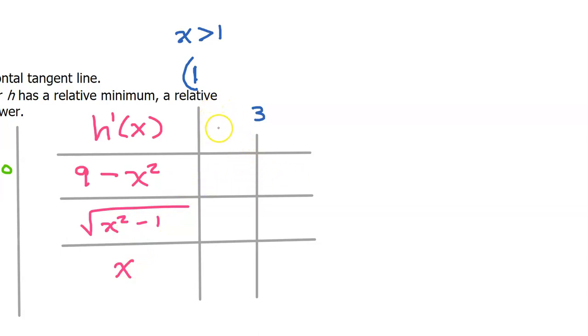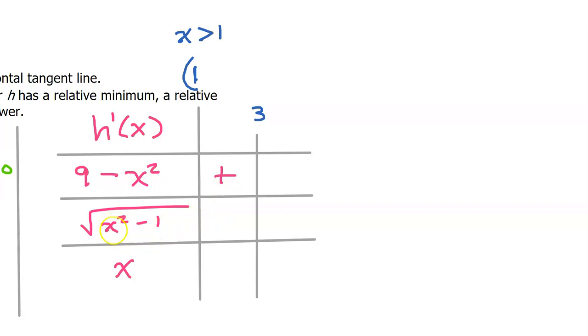So in the first interval, we need a test value that is between 1 and 3. So I guess how about 2? Let's picture a test value of 2. So this first factor would be 9 minus 2 squared. That would be 9 minus 4. That would be a positive number.